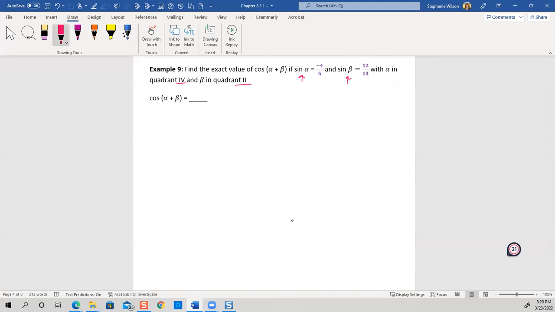What we're going to do is we notice we're at cosine here. So let's go get that identity. The cosine squared of alpha equals 1 minus sine squared of alpha. And since we know what sine is, let's just plug it in. Sine of alpha is going to be that negative 4/5.